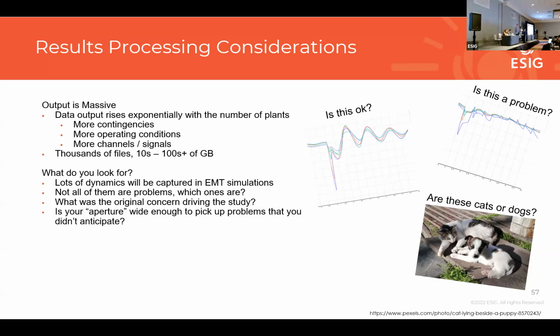And it rises exponentially with the number of plants, because there are more contingencies and more grid operating conditions with every plant that is added. So it really blows up. One of the problems we've been very sensitive to in discussing here is the scale, and how big you can go before it becomes intractable.